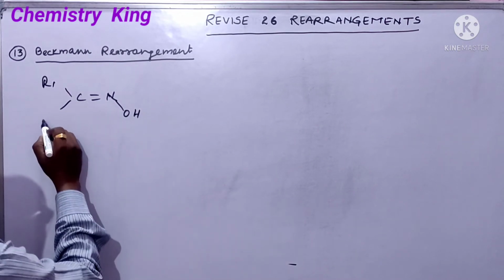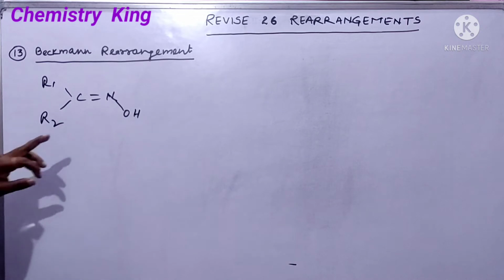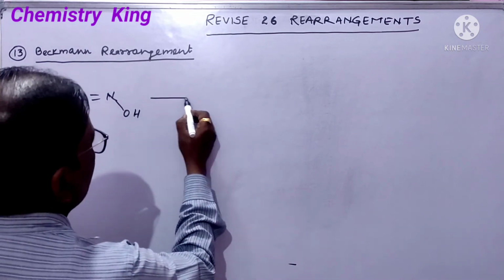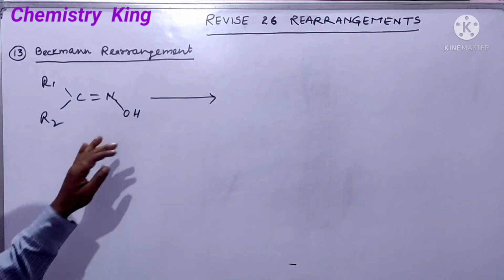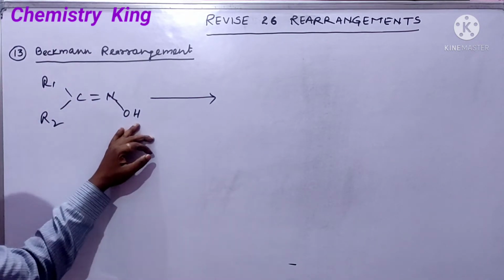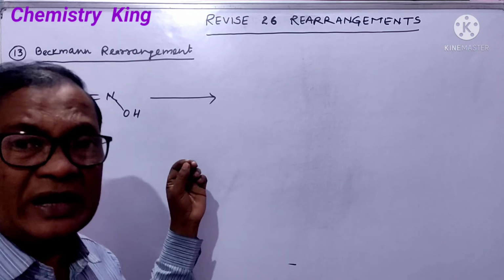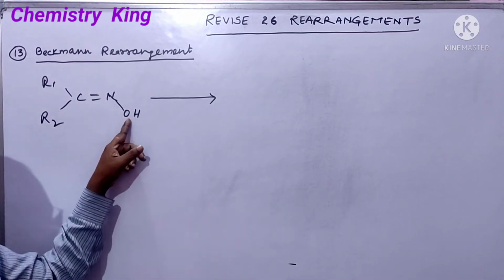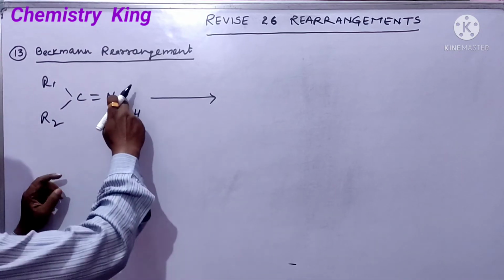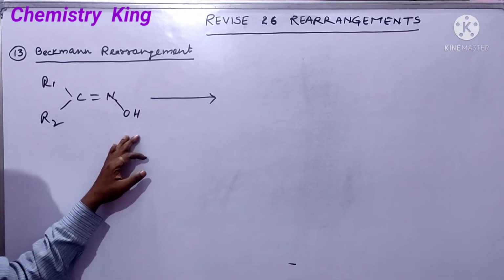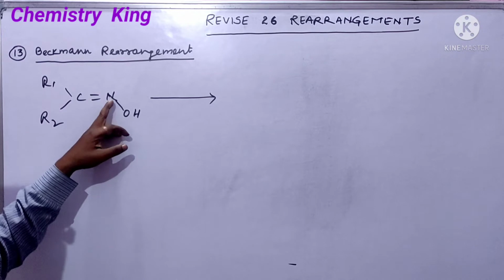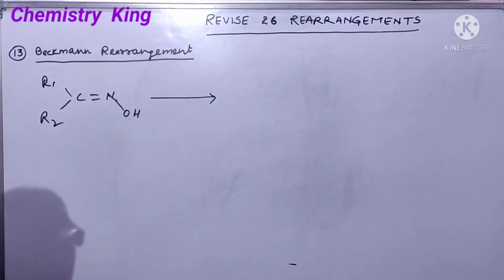When the oxime of a carbonyl compound, C double bond NOH, R1 R2, is heated with phosphorus pentachloride or acid, suppose it is OH and you are treating it with acid, H plus will come here leading to an oxonium ion, and then that oxonium ion will be eliminated, water will be released, leading to a positive charge here.